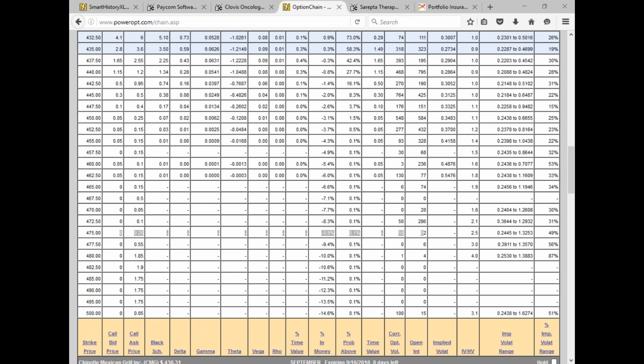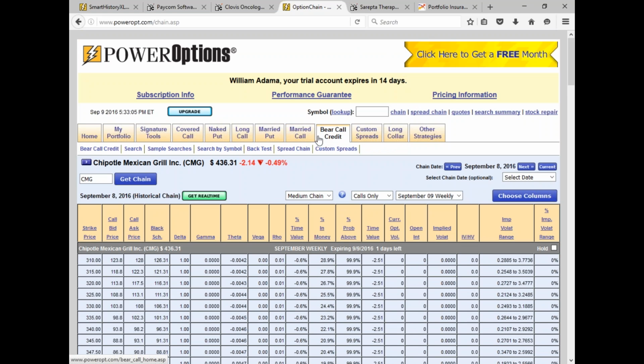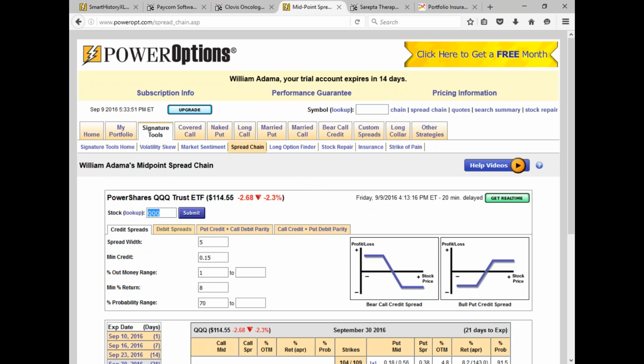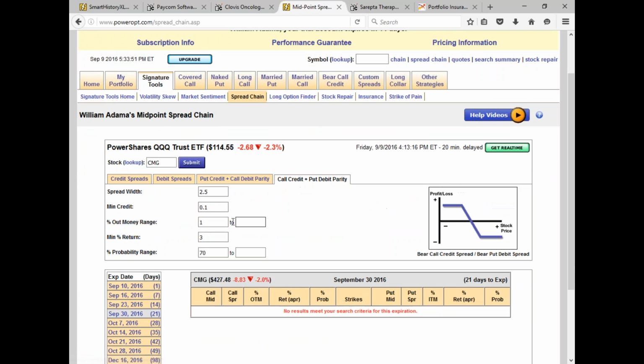Now the spread chain tool. Okay, hold on one second here. Let me go through this. Yep, and so yeah, the spread chain there, if I do the spread chain by itself, the midpoint spread chain, if I know a stock I'm interested in, I could type in CMG, and I'm sorry, I want to look at call credit and put debit parity.